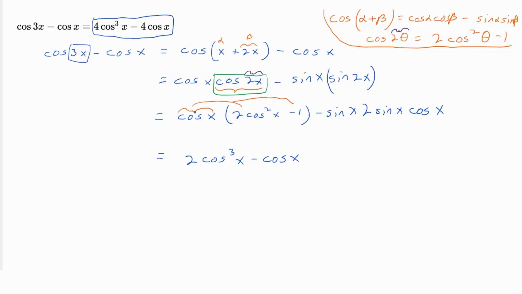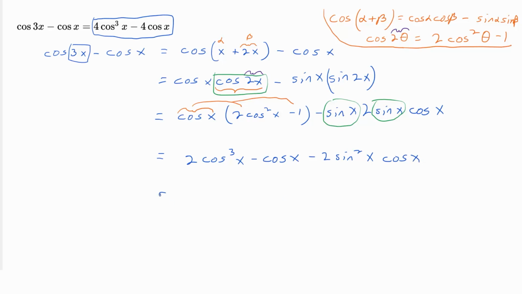Minus 1 times cosine of x is just minus cosine x. And then here, we have a sine x and another sine x. We can change the order of multiplication, and it becomes minus 2 sine squared x, and then we still have this cosine of x on the end.